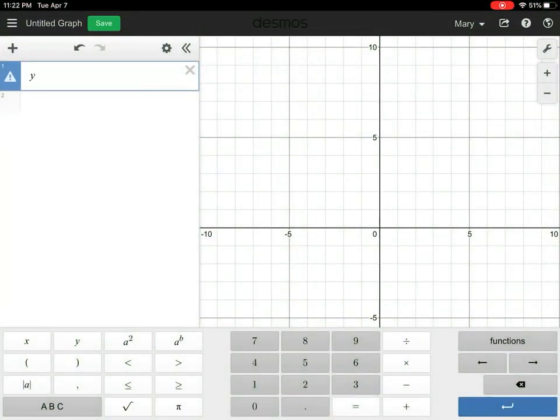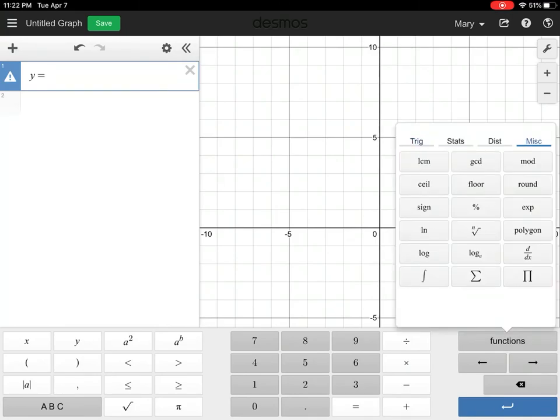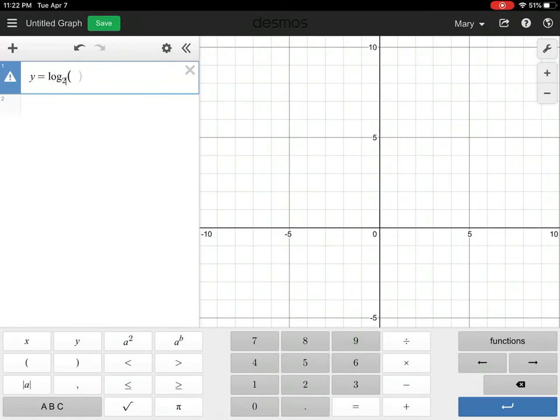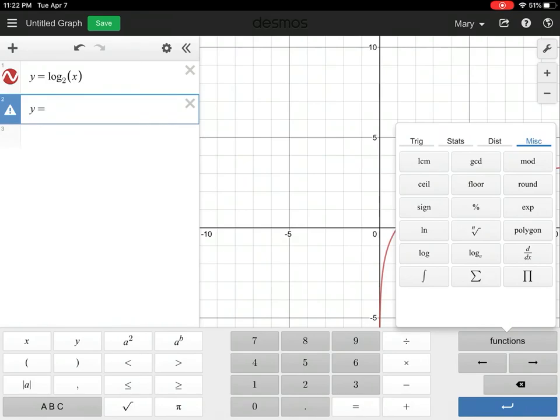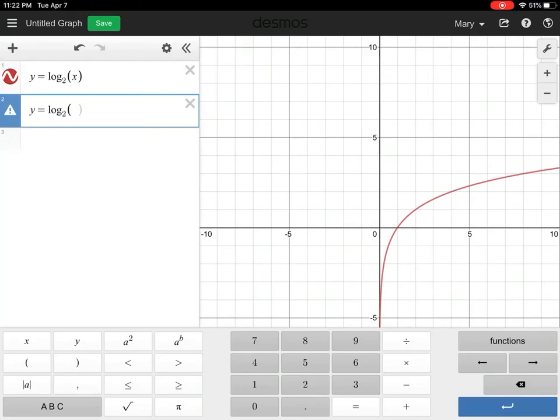I'm going to do y equals log base 2 of x, and then I'm going to do another one that is y equals log base 2 of 4x. Well, anyway, sorry.